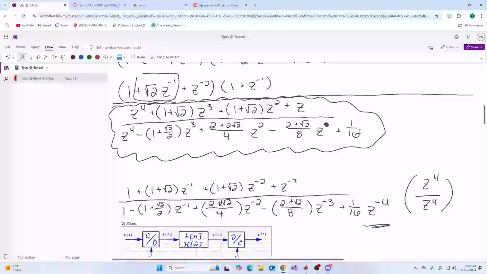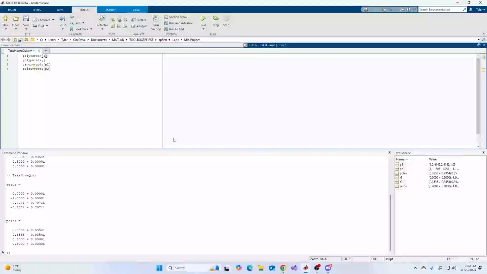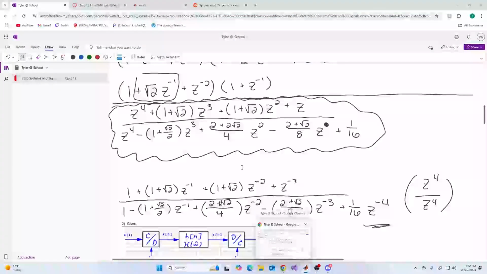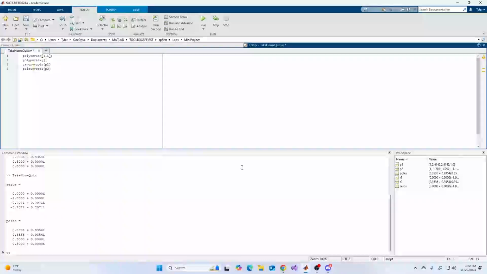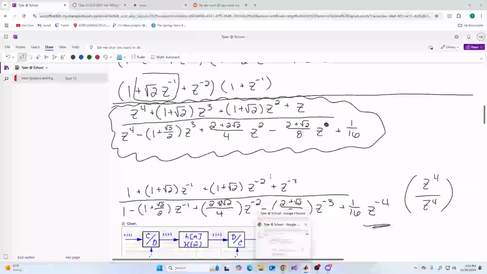So let's go ahead and do that. I'm going to have 1, comma, 1 plus the square root of 2, comma, 1 plus the square root of 2, comma, the other one was 1, comma 0.